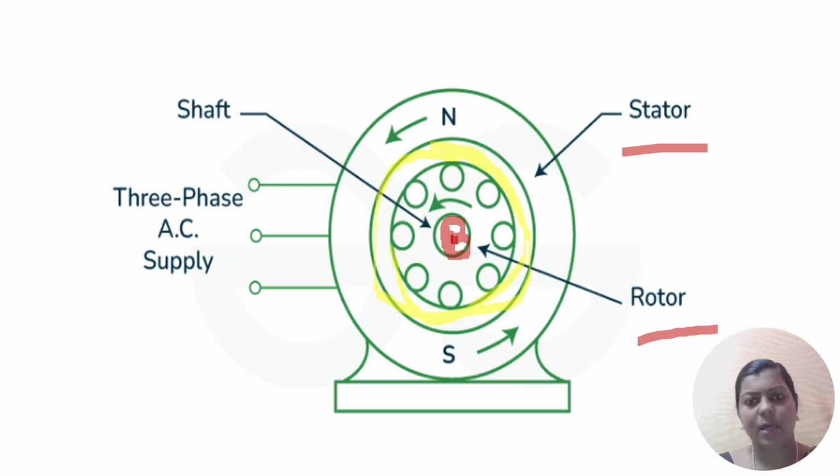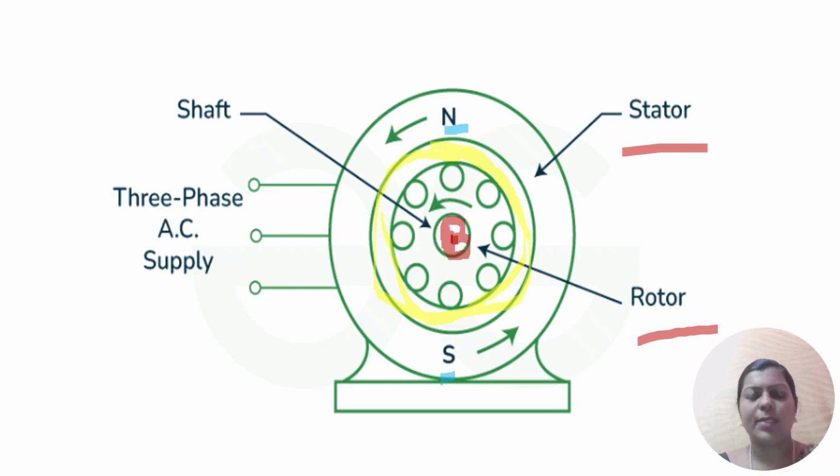This gap is called the air gap, which is used for the passing of air when the motor starts rotation. The motor has a north pole and a south pole. They rotate in a single direction, so the motor begins to rotate.